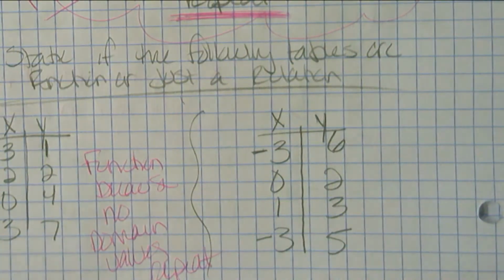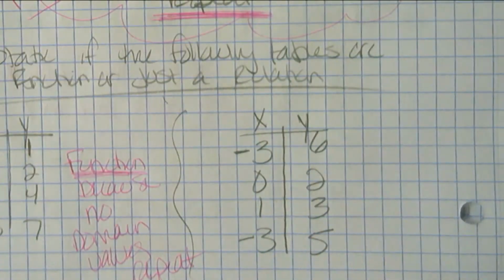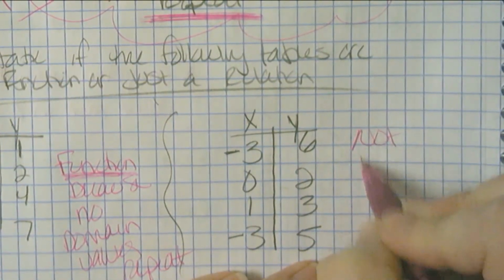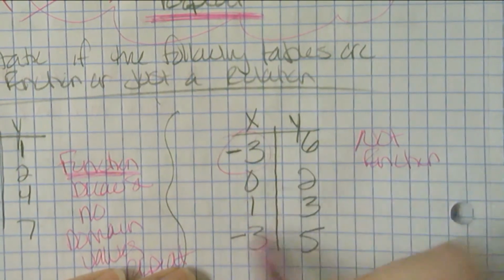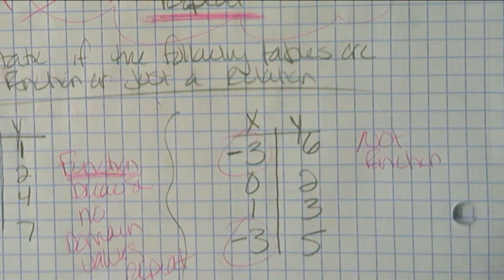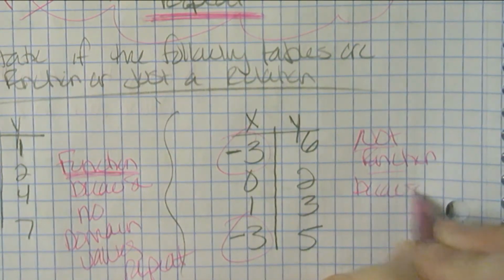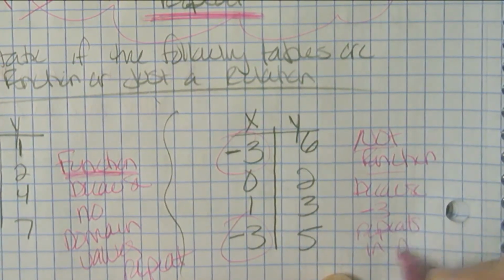Function, not function. Function or not function? Blythe? Why? Excellent. Our negative 3 is repeating, not a function. So not function because negative 3 repeats in domain.